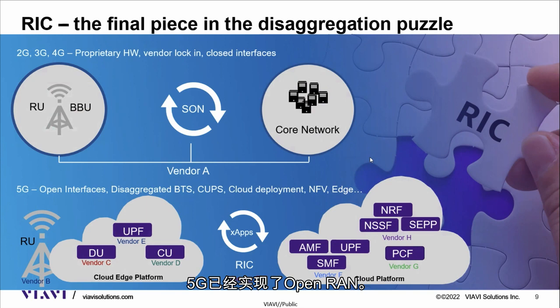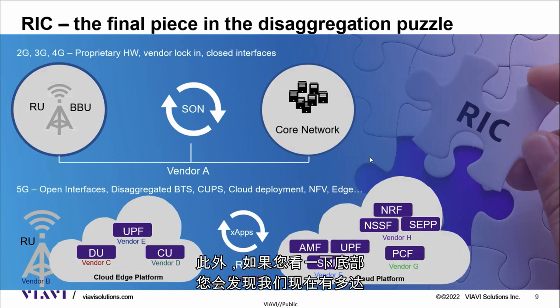But the lower half is where we're going with Open RAN and RIC. So 5G has enabled Open RAN. It has a new intelligent function called RIC. We have an XApp ecosystem. We have core network disaggregation and a completely open, more efficient, competitive, and innovative mobile ecosystem.